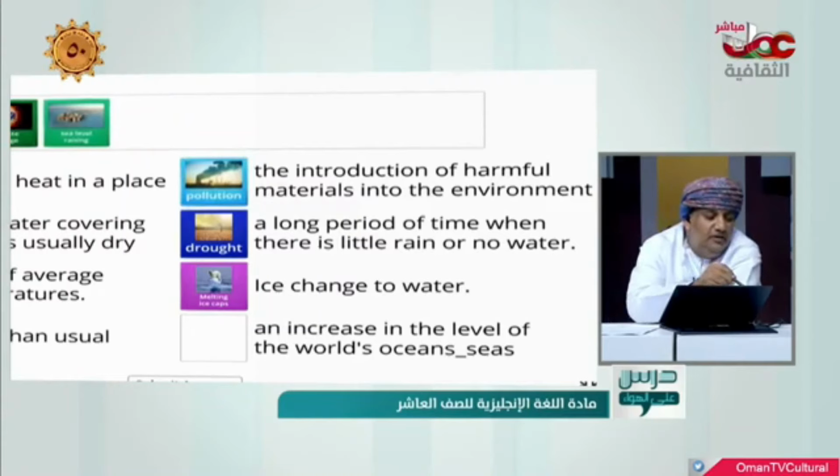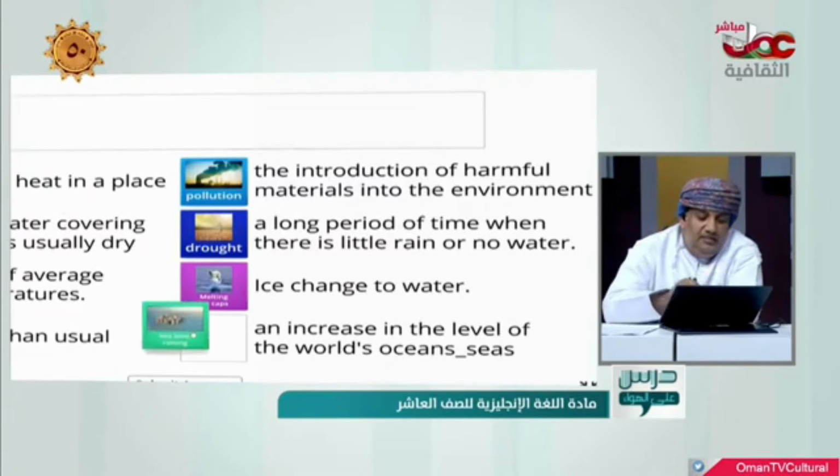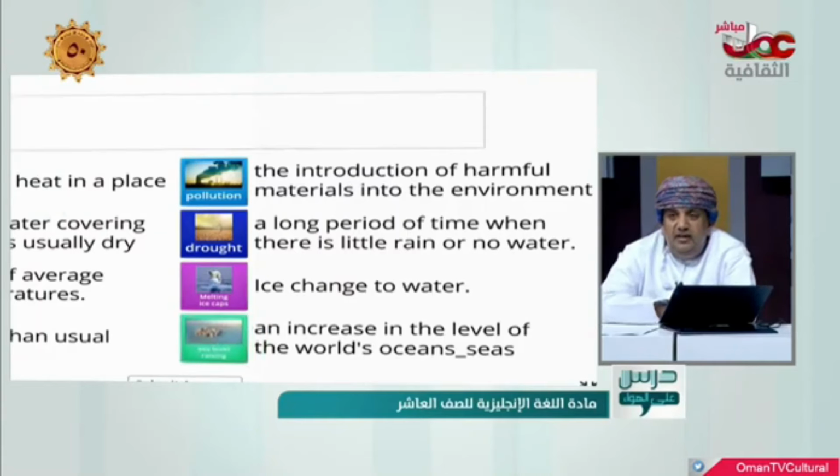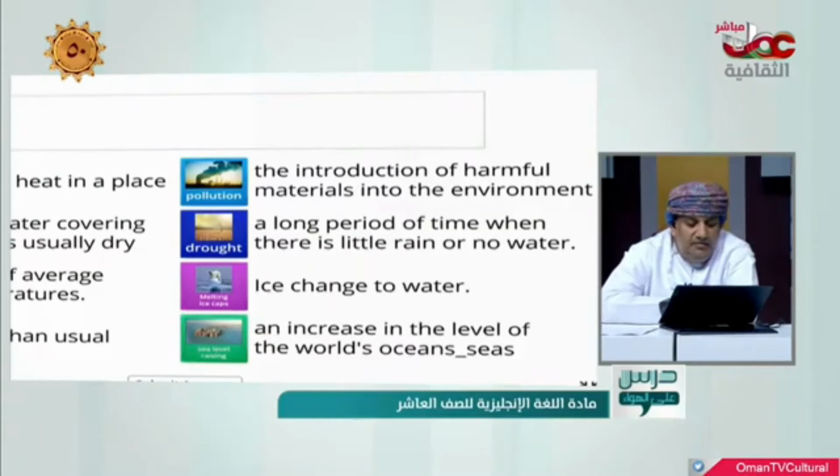Okay, floods means an overflow of water covering an area that is usually dry. Sea level rising means an increase in the level of the world's seas. And also climate change is the increase of average global temperature.